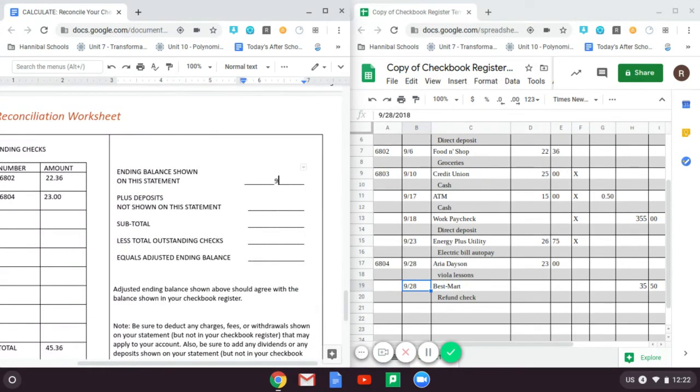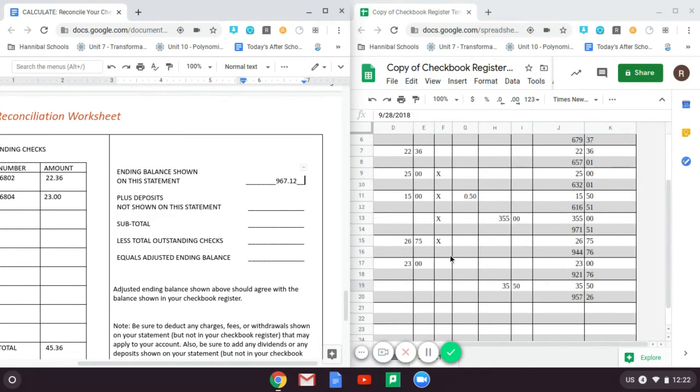So I'm going to type that in right here. And delete this because I don't like those extra lines. So the ending balance on the statement is $967.12. Remember, we are trying to get this $967.12, the statement balance, to match our checkbook register balance of $957.26. That is a discrepancy that we have to be aware of and figure out why.